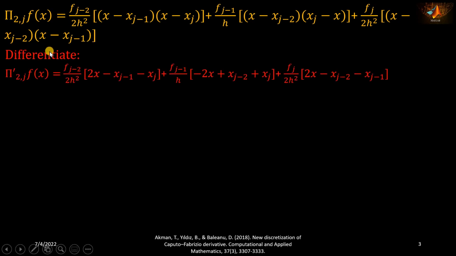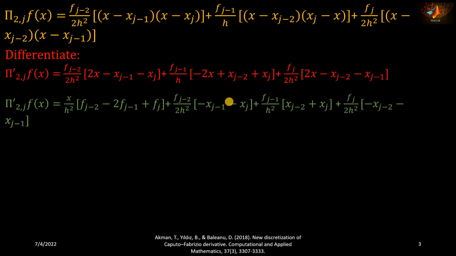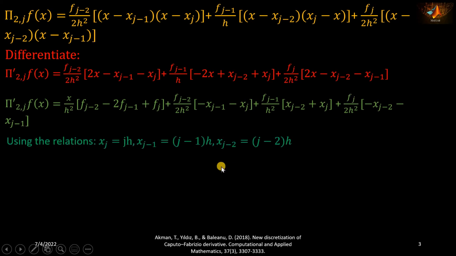After that, this expression has been differentiated because we need the first order derivative. I have differentiated this yellow color expression and obtained this red color expression. After that, I have simplified it by collecting the x terms, and you can see all the coefficients with fj minus 2, with fj minus 1 and with fj have been written.